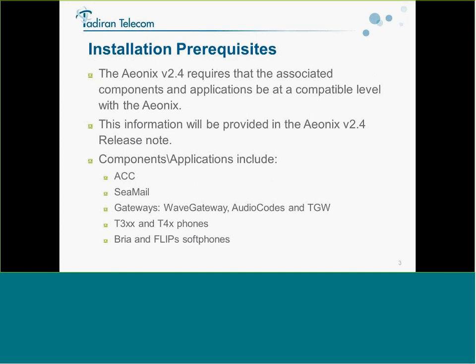Softphones are other examples. As with any release, when we had version 2.3 there was an associated set of required levels also. Those will be spelled out clearly in a release note that will be provided in the future.